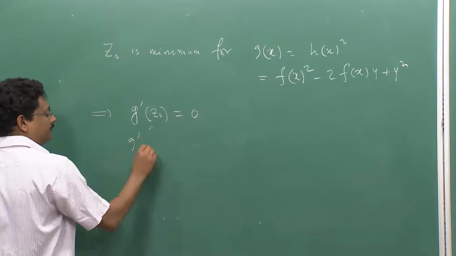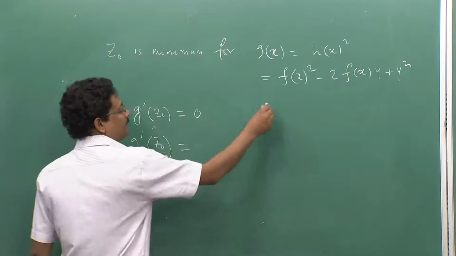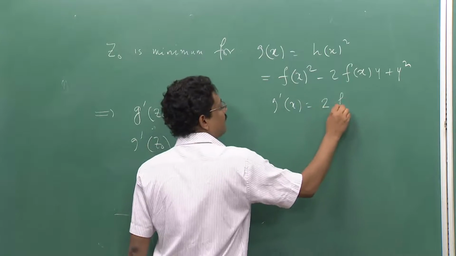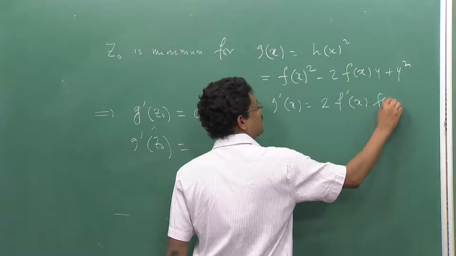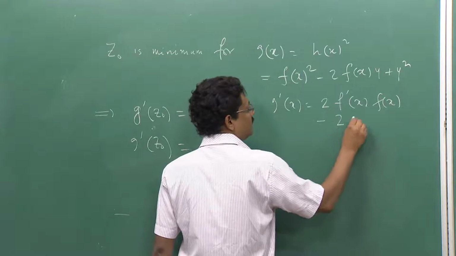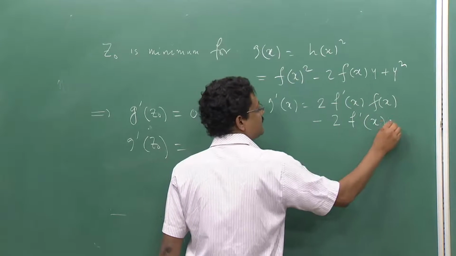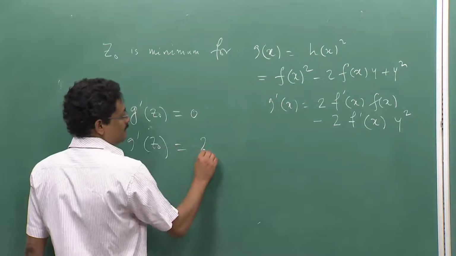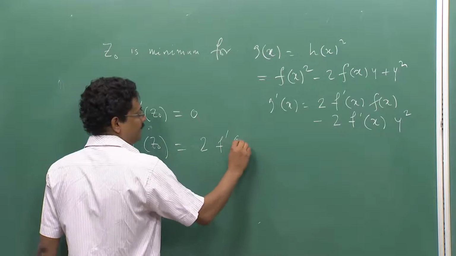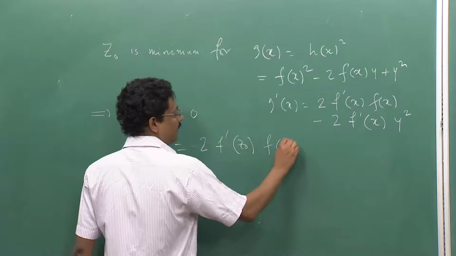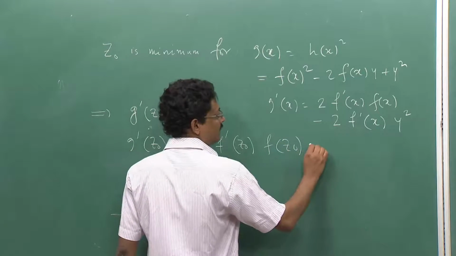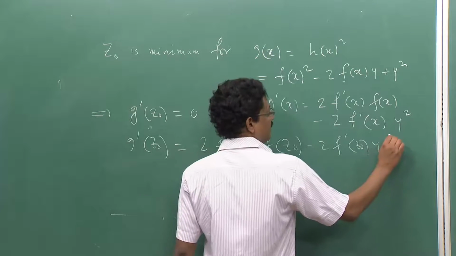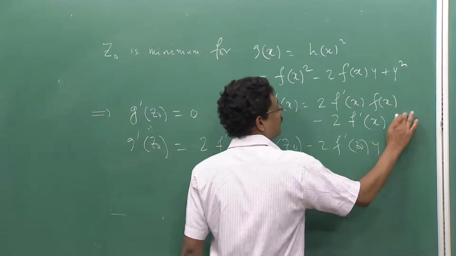But what is g prime at z naught? You see, g prime of x is 2 f prime x f x minus 2 f prime x y. So g prime of z naught is 2 f prime z naught f of z naught minus 2 f prime z naught y, where y is not squared.